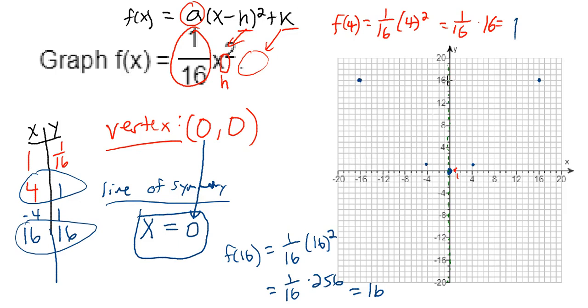We go the same distance away on the left-hand side of the axis of symmetry, and we find another point there on the exact opposite side. And so that gives me 5 points here to work with. So this will be at negative 16 comma 16.